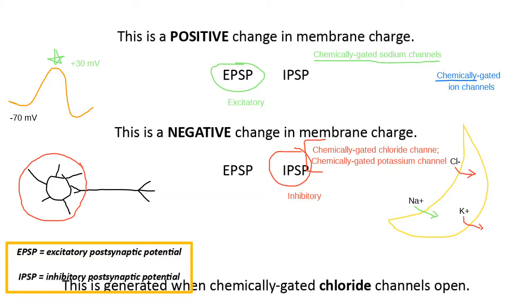So let me put 2 circles for my chloride, potassium, and sodium. I only find chemically gated channels on my dendrites. This is because, remember, the function of dendrites is to receive messages. Where I receive messages is at the dendrites. That's where I'm going to have them.